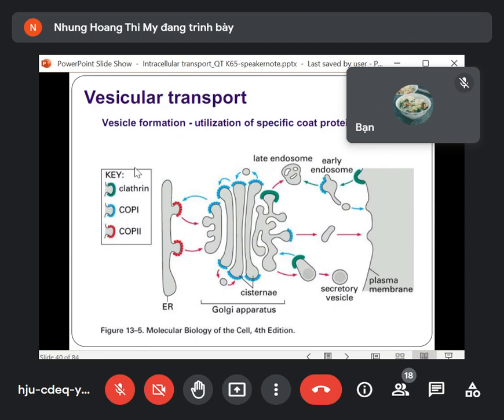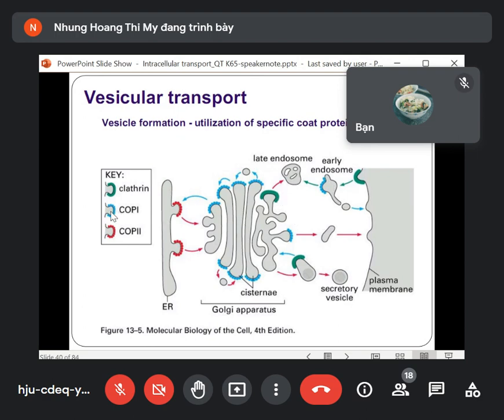These coat proteins are located in different locations in the cell. Clathrin, as I gave you in the previous slide, is mostly located on or near the plasma membrane to help form the vesicle from the plasma membrane during endocytosis.